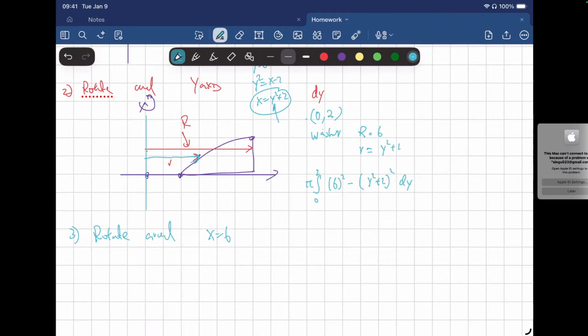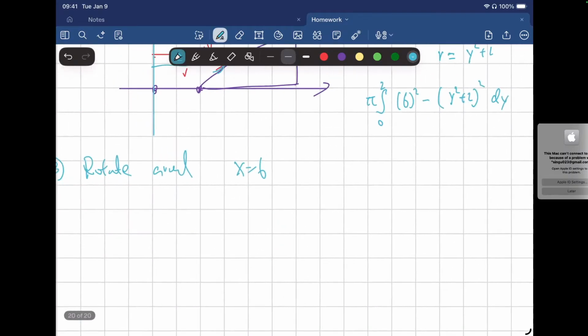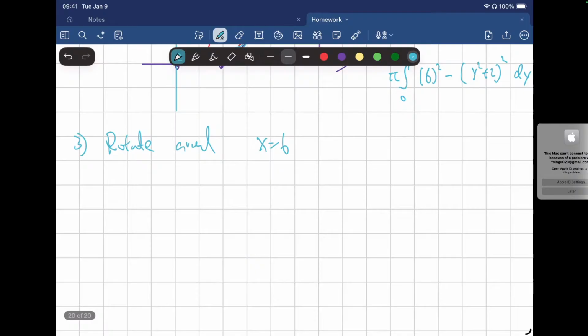Try to do this right now, and I want you to think about it. Can anybody give me a suggestion, what does it look like? Look down.